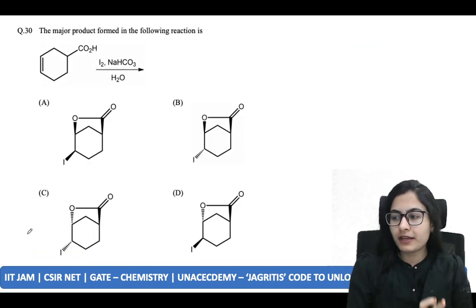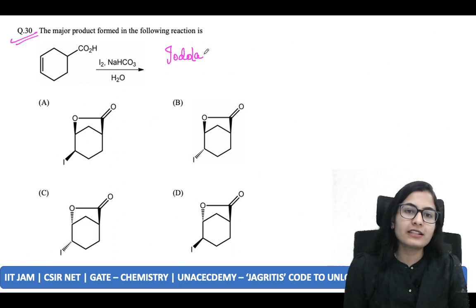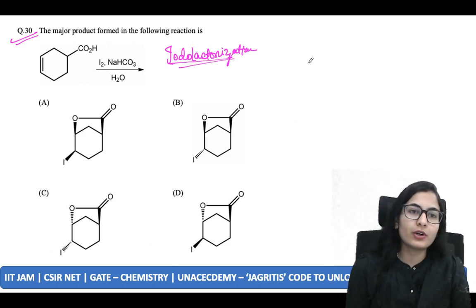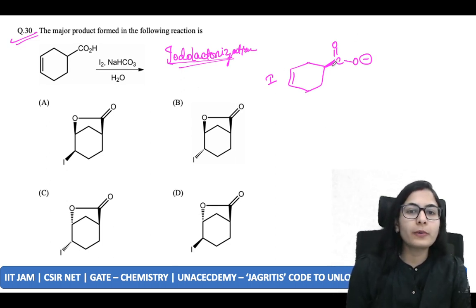Now another very important and very good question on the stereochemistry of iodolactonization, and this reaction gets asked in CSIR almost every paper. So what you are going to do, first of all guys, is understand the stereochemistry of this beautiful reaction. Let's suppose that you are having the carboxylate group above the plane.